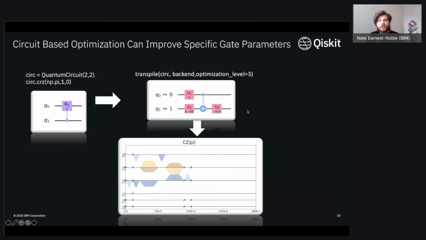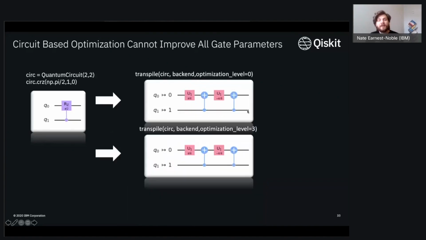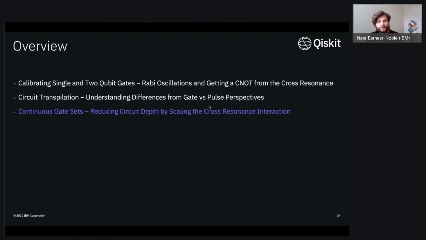However, if you try to do this trick for different angles, you don't get that same benefit. So if instead I want to do an RZ of pi over 2, whether you're using optimization level 0 or optimization level 3, you're going to have to transpile that to 2 C0s when working in this basis of C0s.